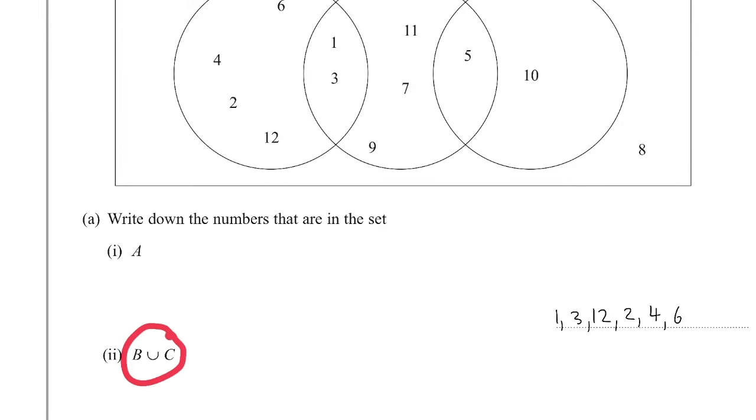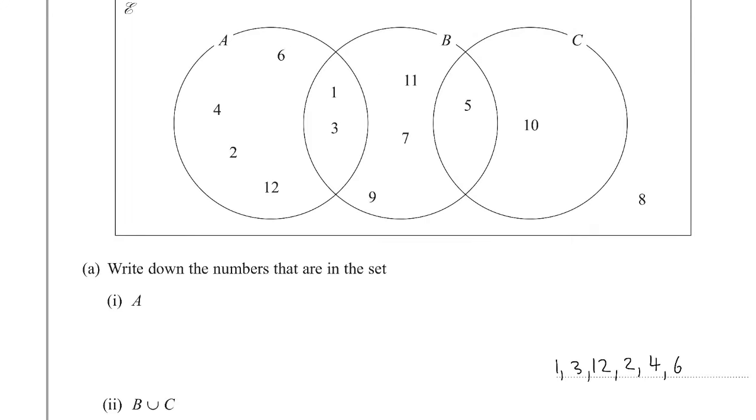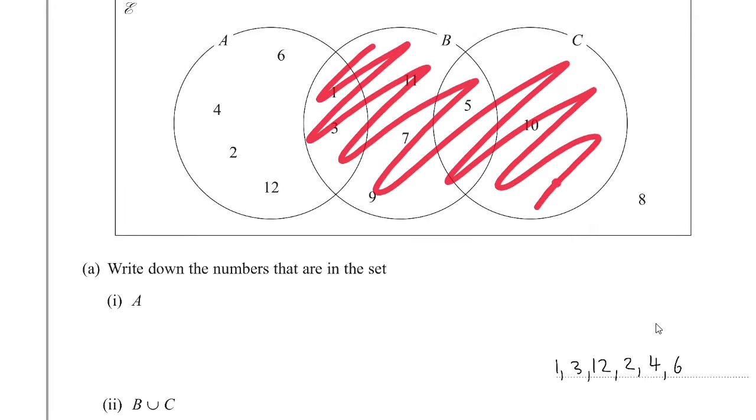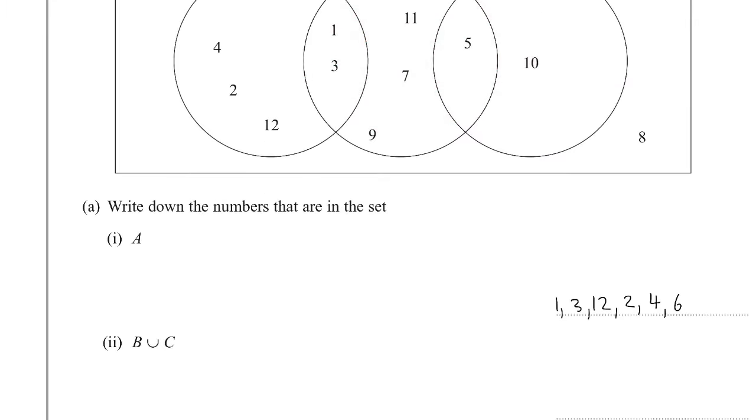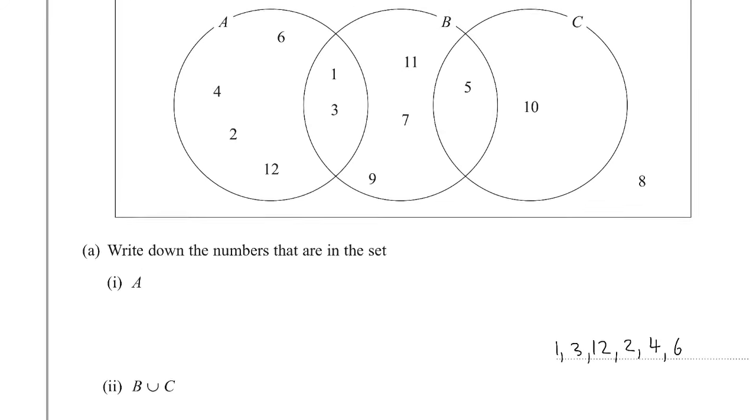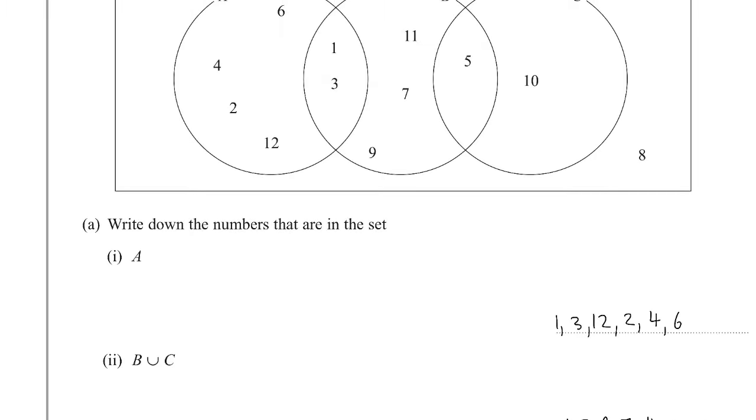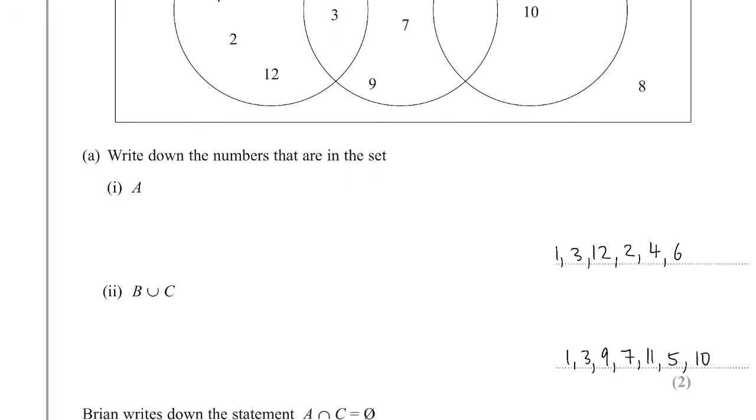B union C means B or C or both, so it's all of these. B or C or both, that's the union. So we can go with 1, 3, 9, 7, 11, 5, and 10. And that's correct.